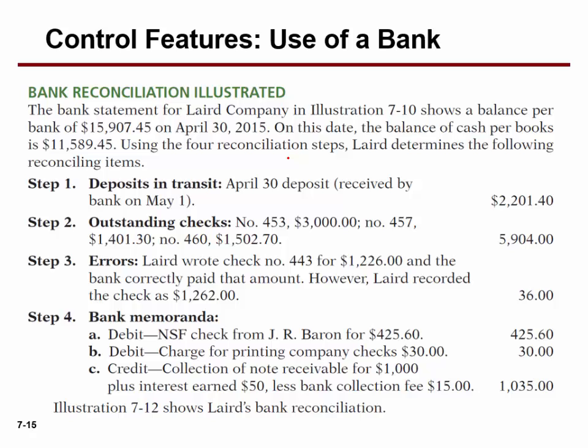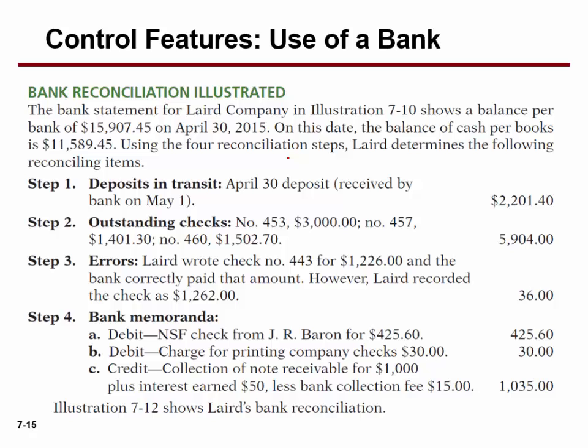I hope you get what? 12,204.85? So this thing reconciles. Boom, boom. Don't you love accounting? You love it when it balances like that. You hate it if it doesn't.